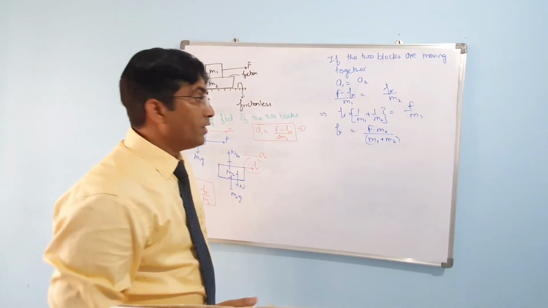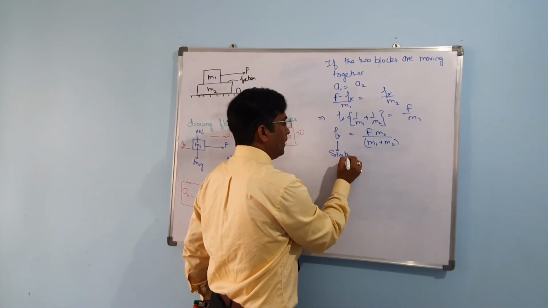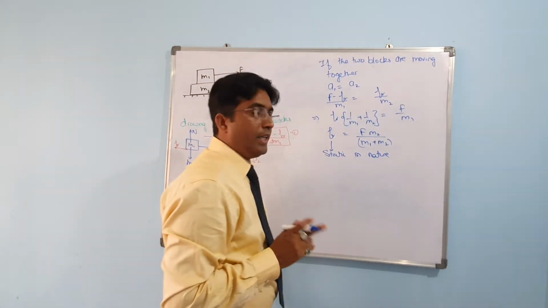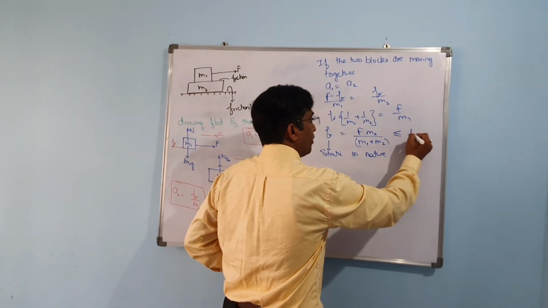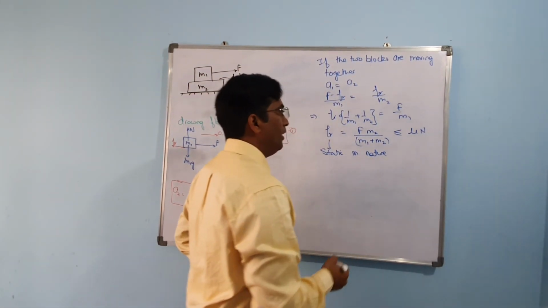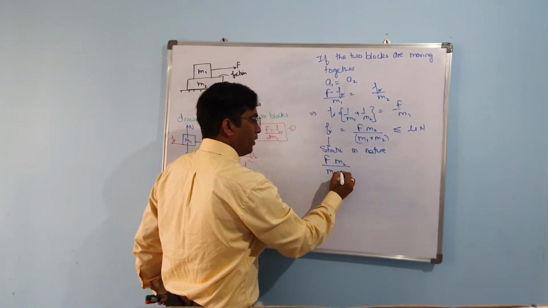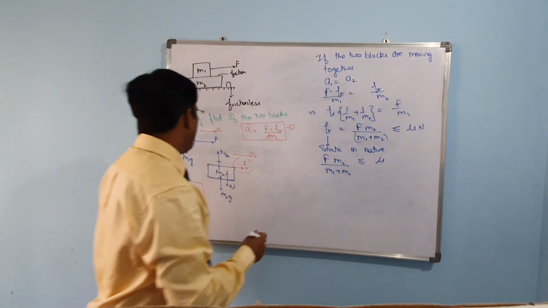Now what is the second condition? This friction must be static in nature. If this friction is static in nature, then this should be less than or equal to mu N. So I can say F m2 upon m1 plus m2 less than or equal to mu N, and what is N?